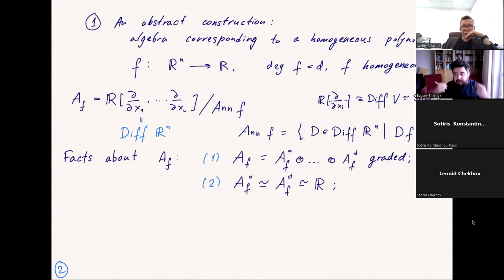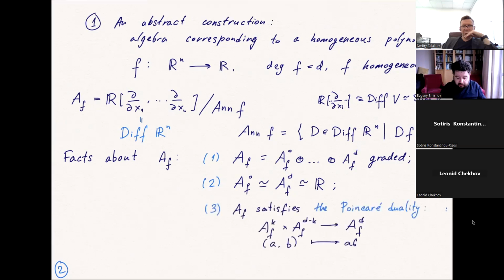And actually, there is a duality in other components as well. So this is my third fact, that A_f satisfies something we call Poincare duality, like the Poincare duality you have in cohomology rings. So this works as follows: having two differential operators of total degree d, so one is of degree k and the other is of degree d minus k, you can cook up a number just by multiplying them and applying them to this f.